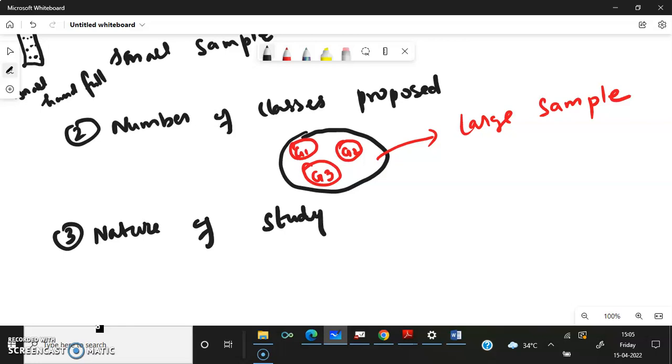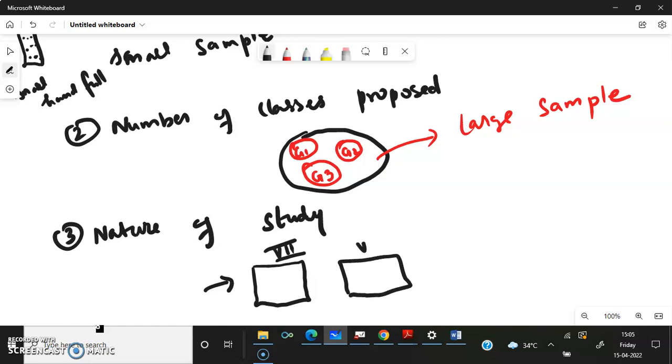Intensively and continuously studied. For example, I am taking one 7th standard class. The students entered 7th standard, I started my study. Again, the same students are going to 8th standard, my study continues.